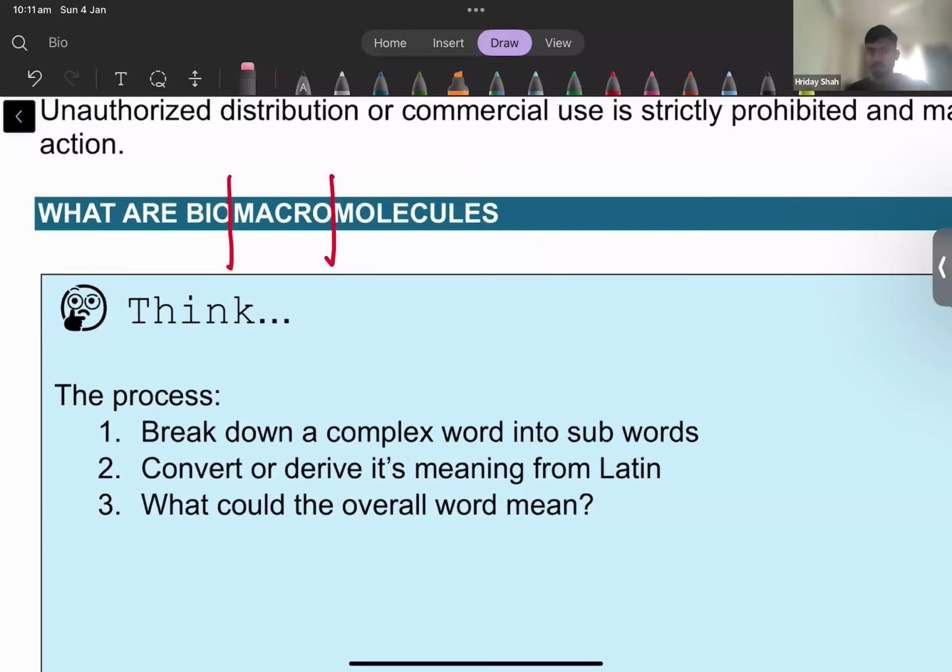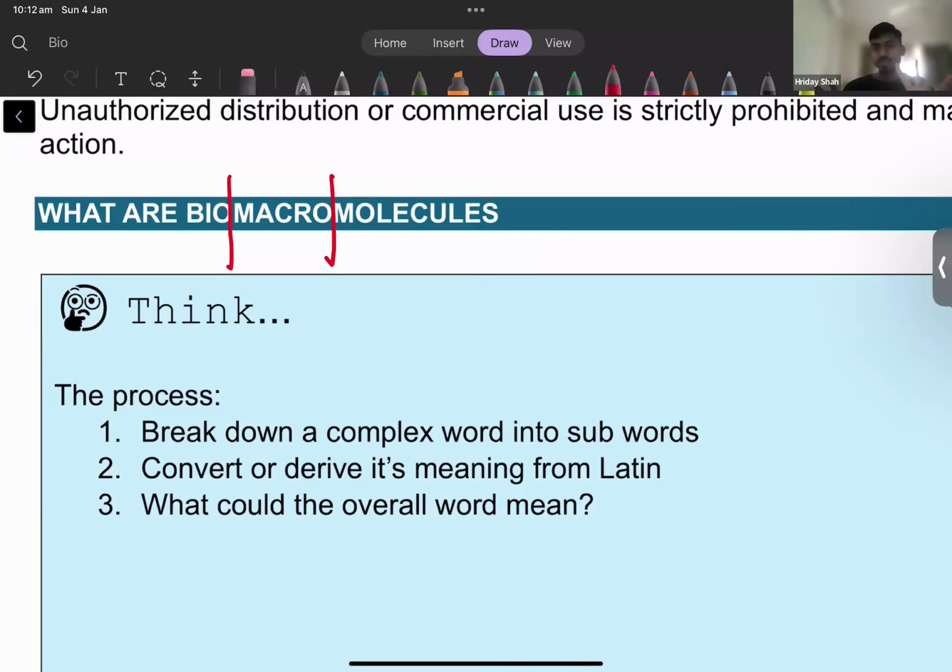So for biomacromolecules, I'm going to split that down into bio, macro, molecules. Now I want to go into Latin and then derive what this is actually saying. All these words, usually in biology or any scientific terminology, are derived from Latin or have a similar word in Latin.